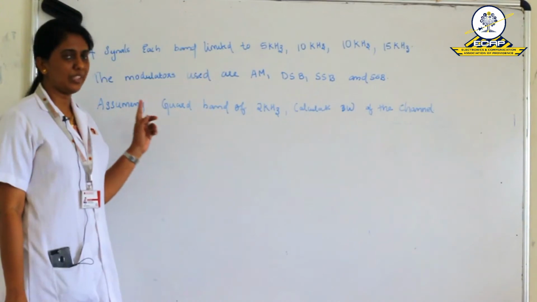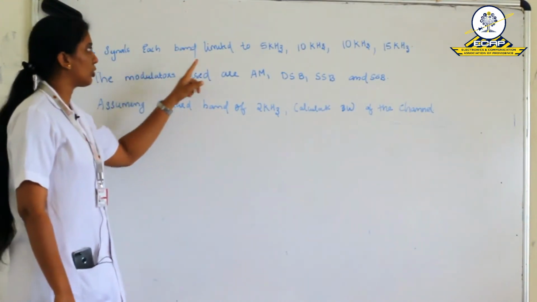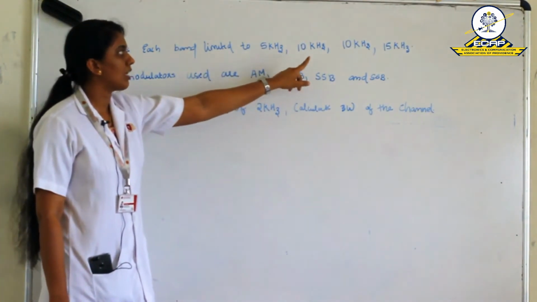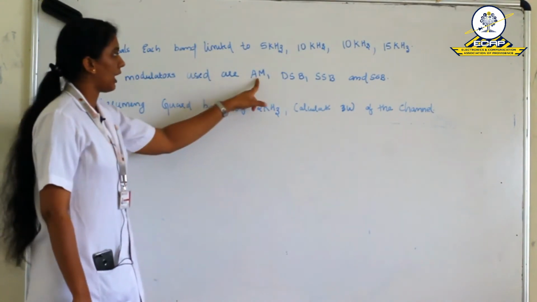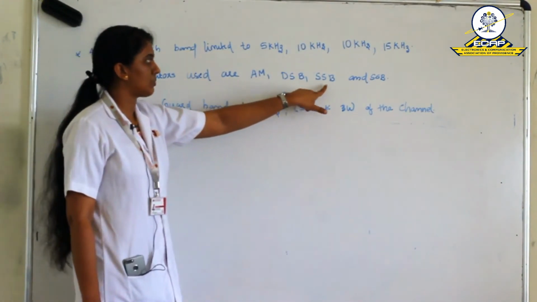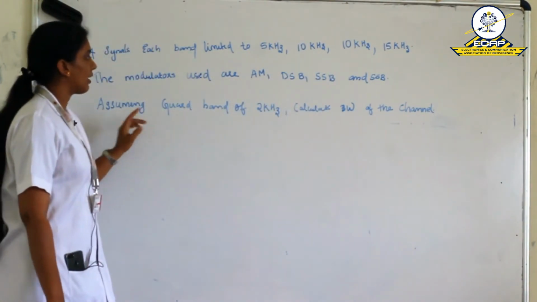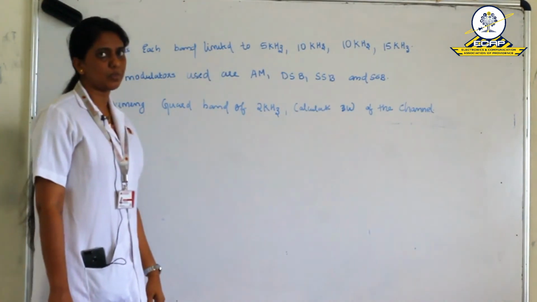Let's consider the next question. 4 signals, each band limited to 5 kHz, 10 kHz, 10 kHz and 15 kHz. The modulators used are AM, DSB, SSB and SSB respectively. Assuming a guard band of 2 kHz, calculate the bandwidth of the channel.